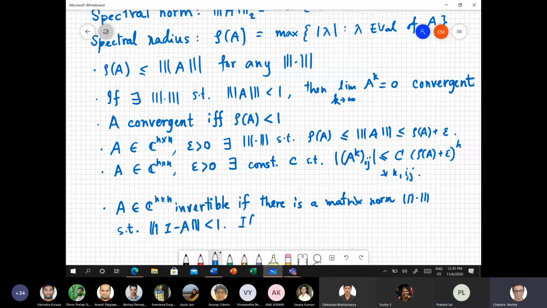And if so, A inverse is equal to the sum from k equal to 0 to infinity of I minus A power k.